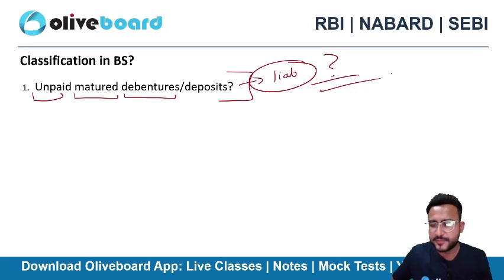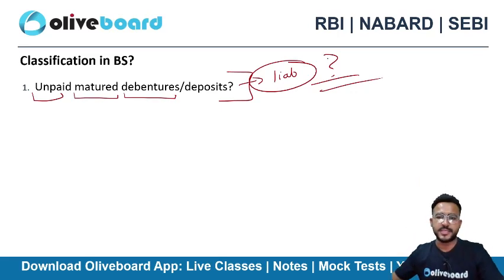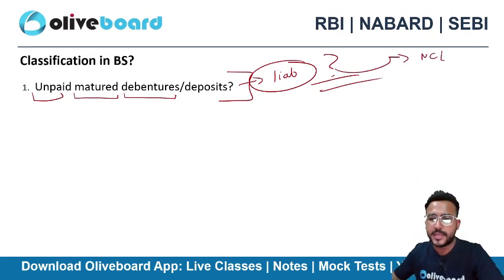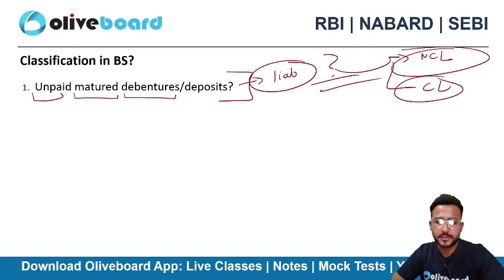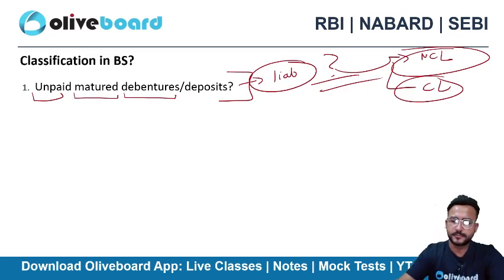Now, where should this liability be classified? Whether it's a non-current liability or a current liability. That's the question. What's your opinion on this?